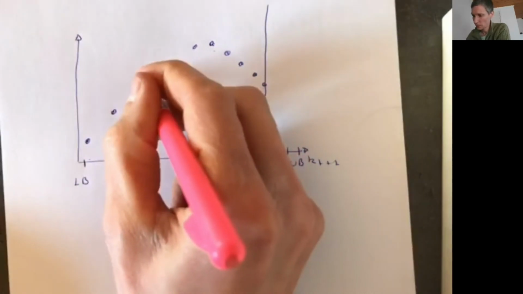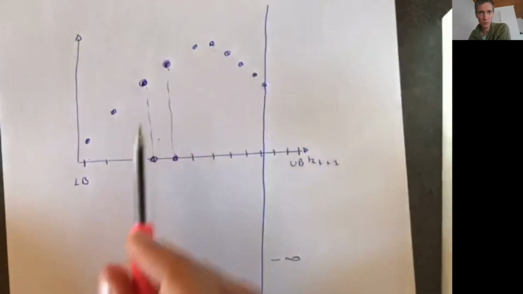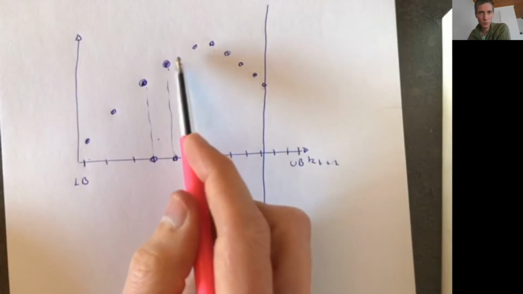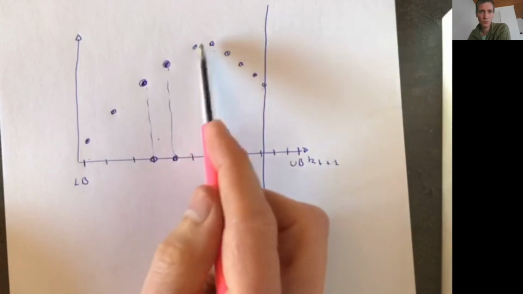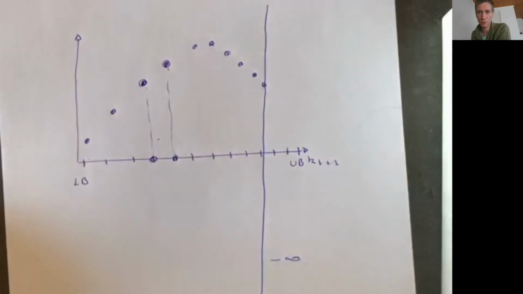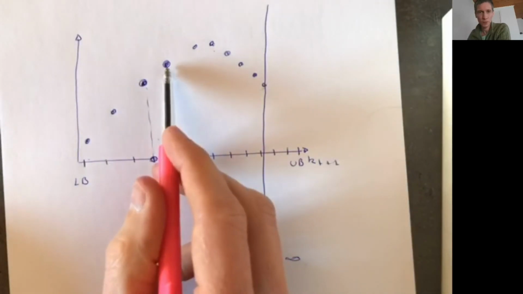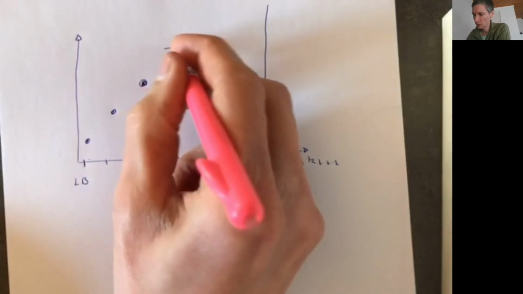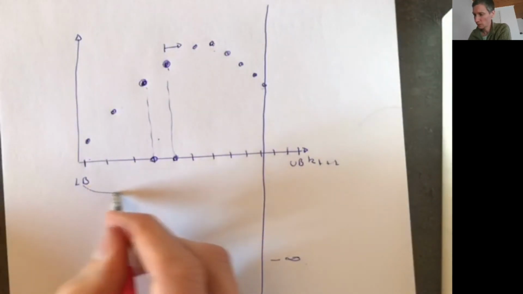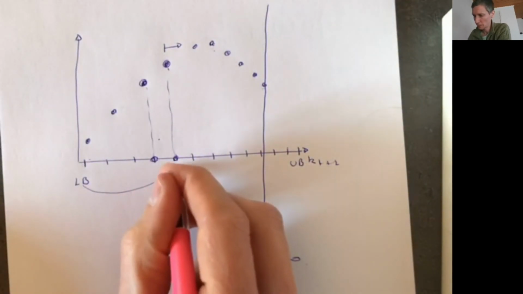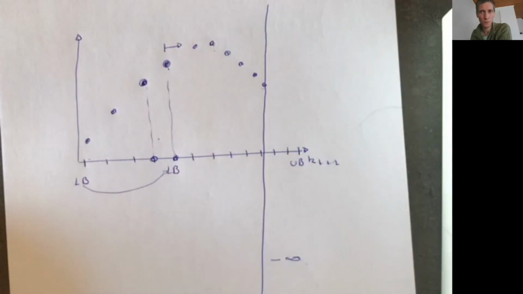And I can compare this value with this value. And if the second one is bigger than the first one, I know that I'm moving on the upwards part of my graph. So I know that if there's an optimum, it has to be to the right of this point. So what I can do is update my lower bound to this value here. Okay.